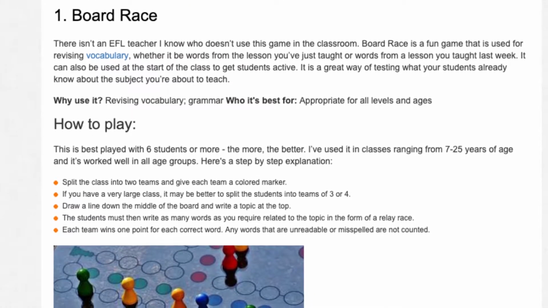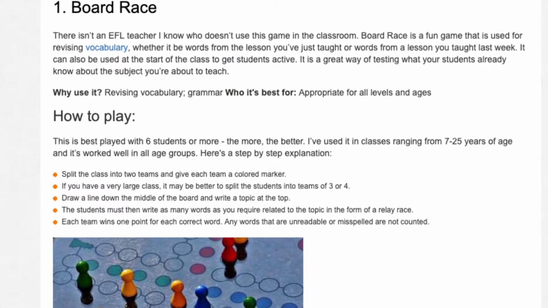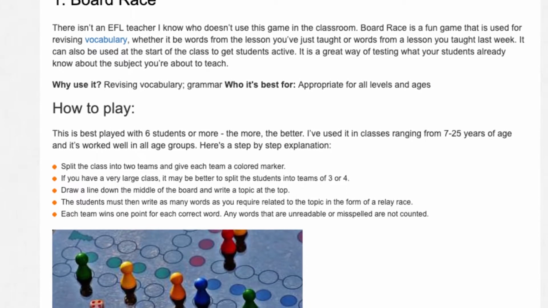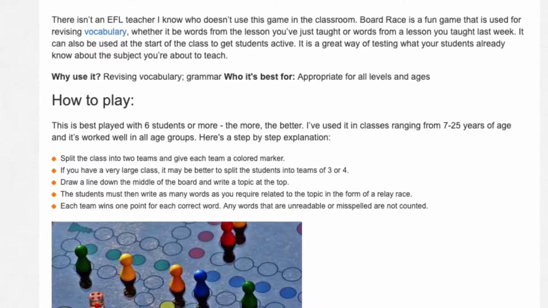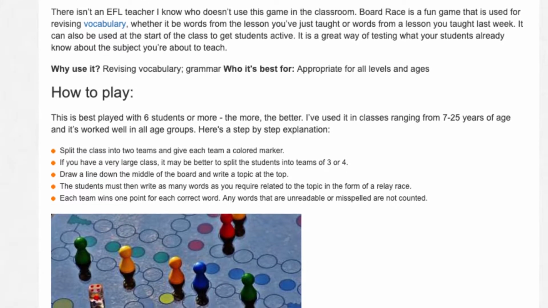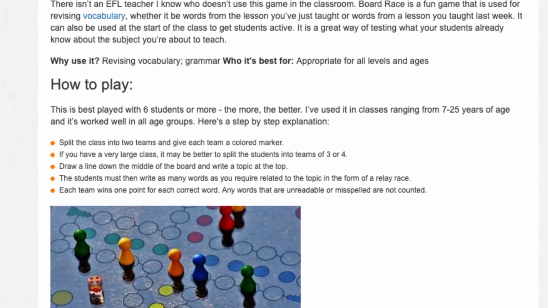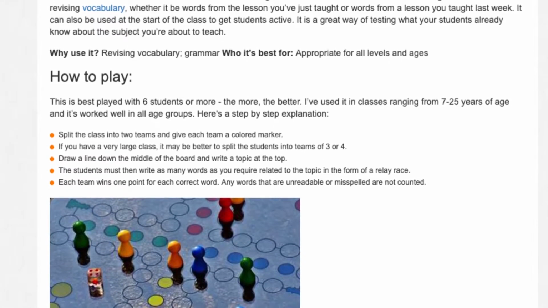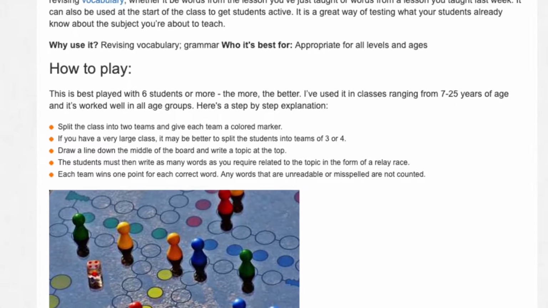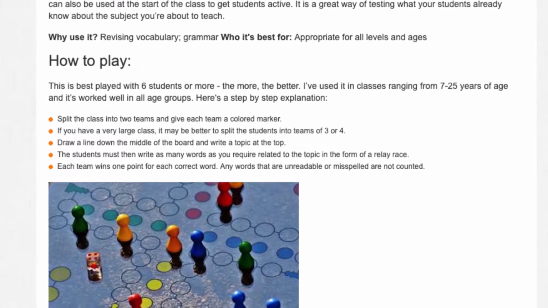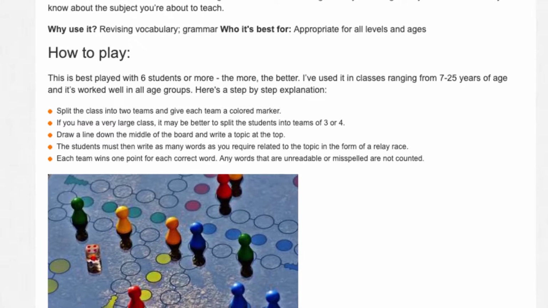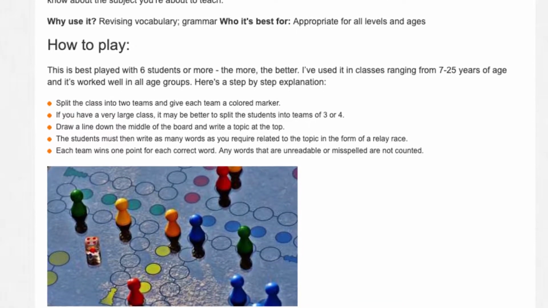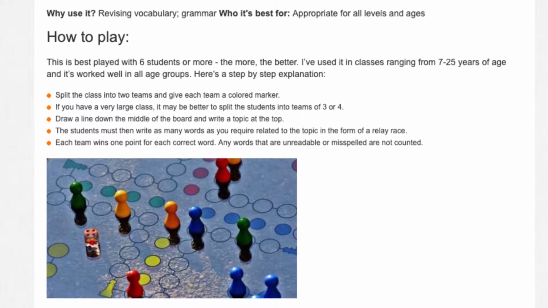If you have a very large class, it may be better to split the students into teams of 3 or 4. Draw a line down the middle of the board and write a topic at the top. The students must then write as many words as you require related to the topic in the form of a relay race. Each team wins 1 point for each correct word. Any words that are unreadable or misspelled are not counted.